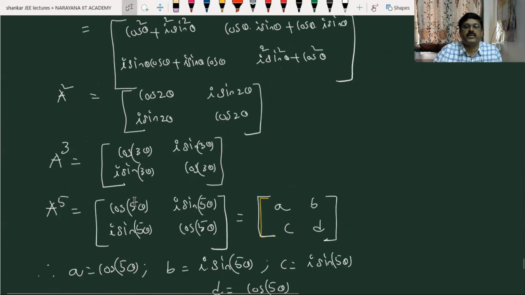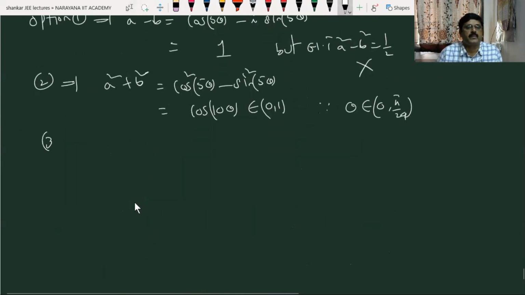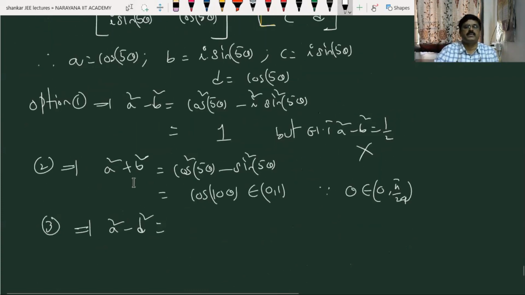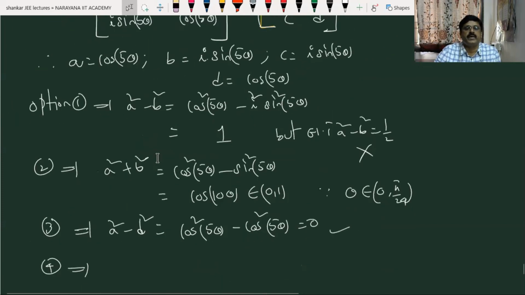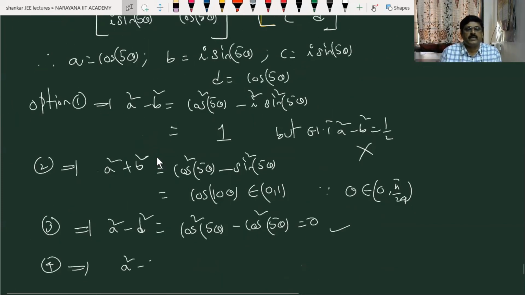Next, option 3, A square minus D square, students. A square minus D square means cos square 5 theta minus D square, again cos square 5 theta, is 0. It is also correct, students. Fourth option, what is the fourth option, students? A square minus C square, that is cos square 5 theta minus C square, which means minus i square, means plus sine square 5 theta will come.